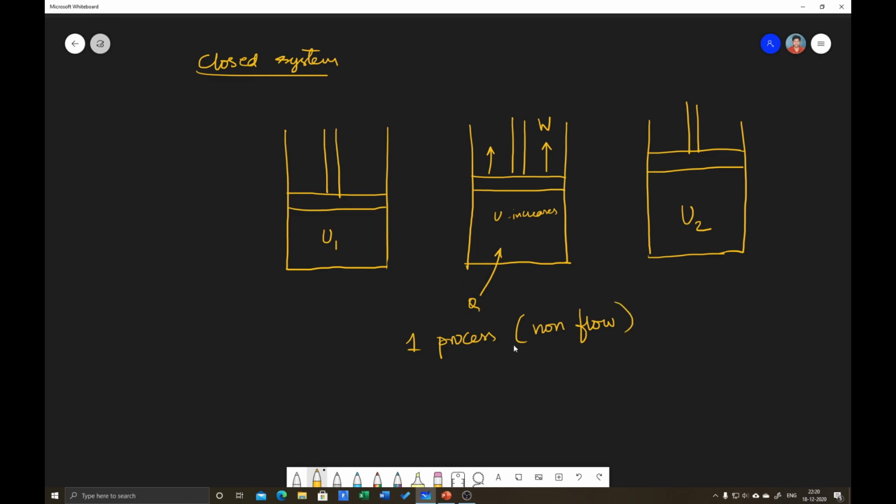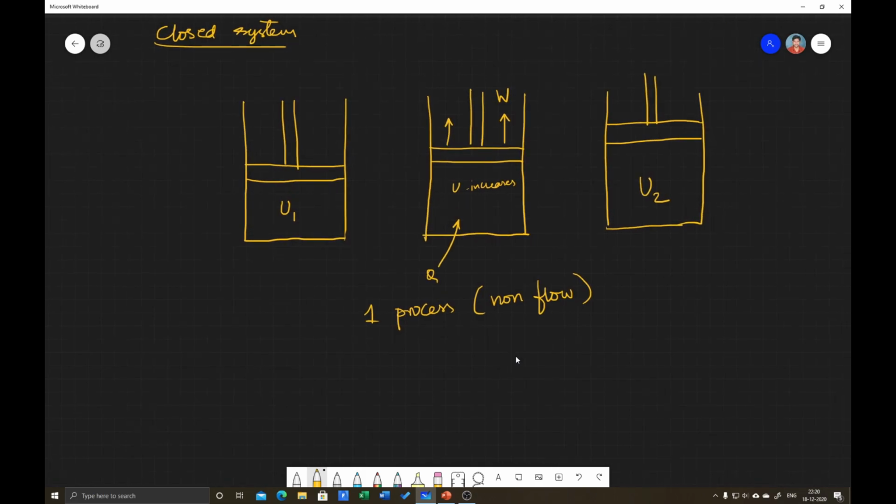If this happens, what will happen to the energy conservation principle? That is the first law of thermodynamics. So initially U1 plus heat is supplied, this will become U2 plus W.